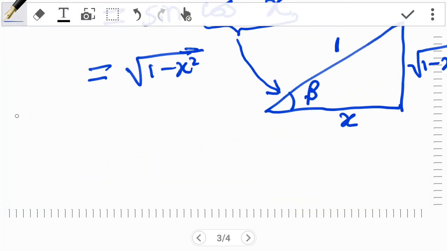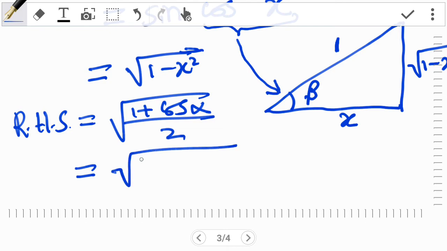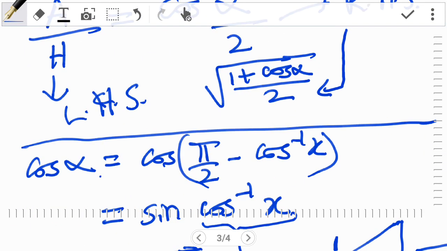So RHS, which is root of (1 plus cos alpha) by 2, is actually root of (1 plus root of 1 minus x square) by 2. Correct? So this is the RHS.